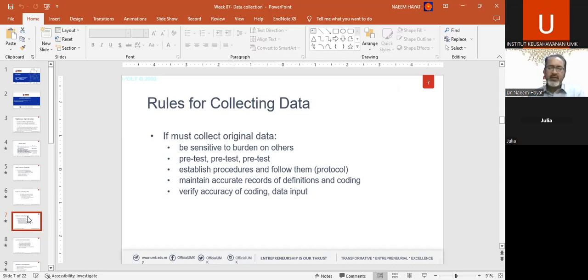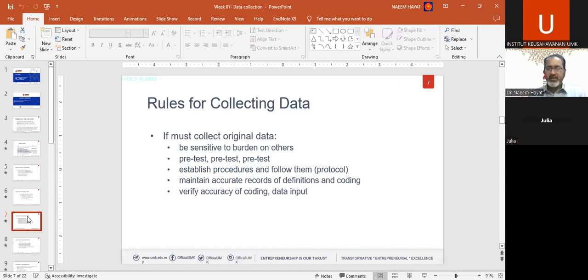Pre-testing, we already discussed last week in the instrument development. Pre-testing is the most important aspect when we are having primary data collection. So pre-test and try to test it 2, 3, 4 times as much as possible.